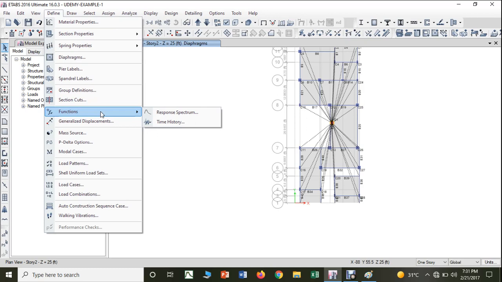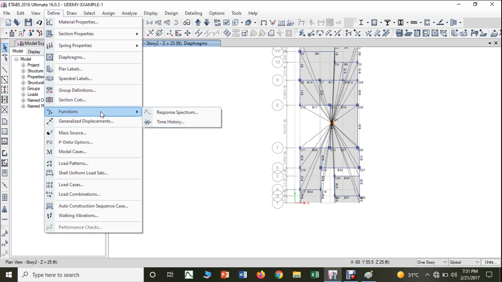Whenever you want to analyze any particular building, as per the IS code standards, there are two ways of analysis. One we call static analysis, another we call dynamic analysis. First we have to understand what static analysis is and why it is required, and what dynamic analysis is and why it is required.